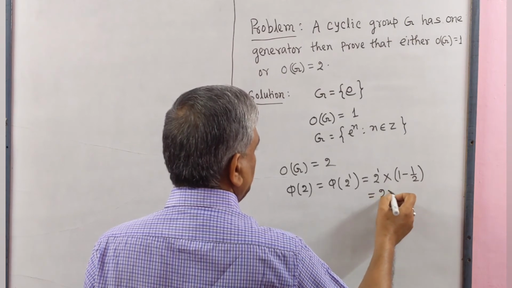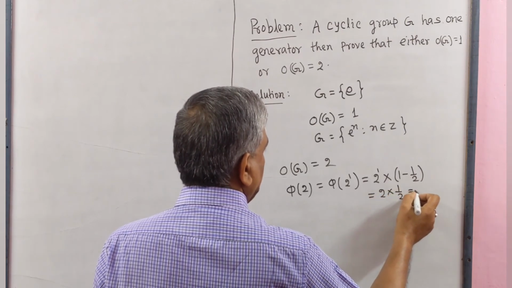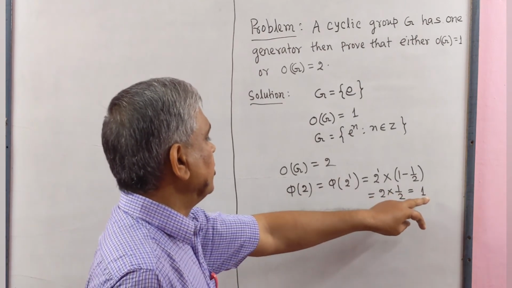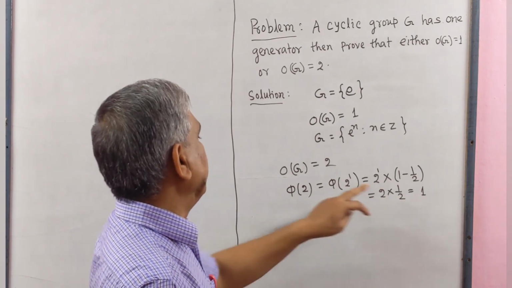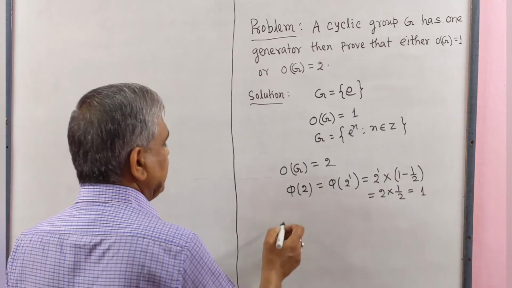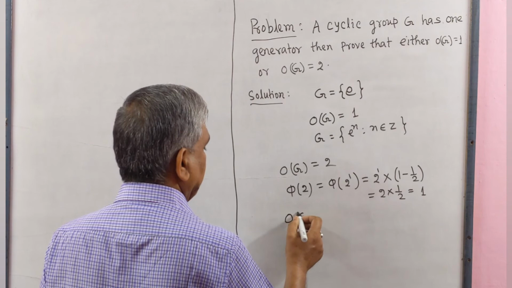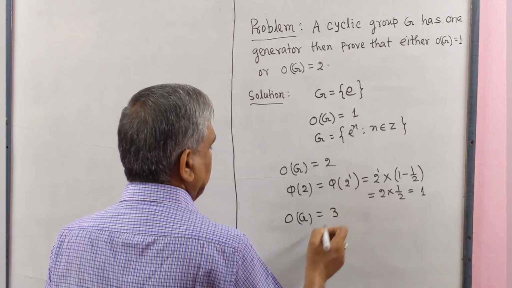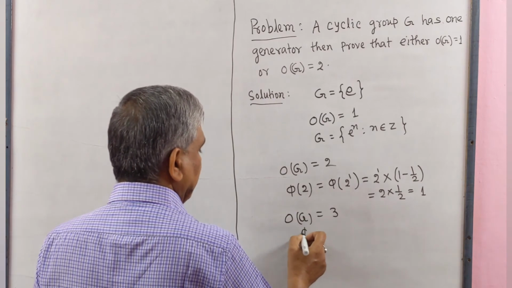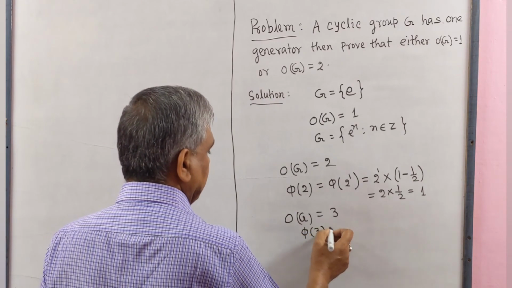This is equal to 2 into half, equal to 1. Therefore, the number of generators will be 1. Here we have taken order of G equal to 2. If order of G equal to 3, then the number of generators will be Euler's phi function of 3.